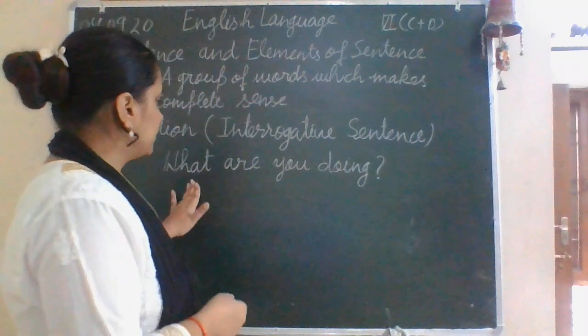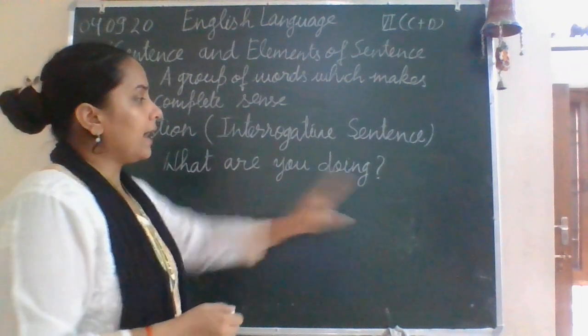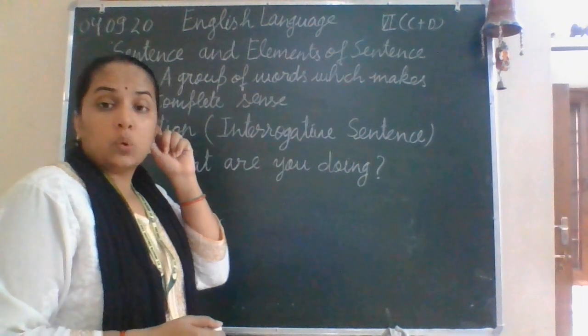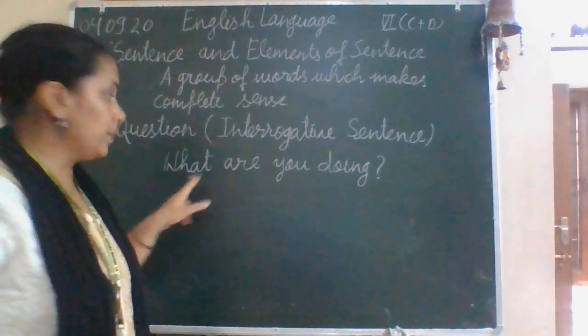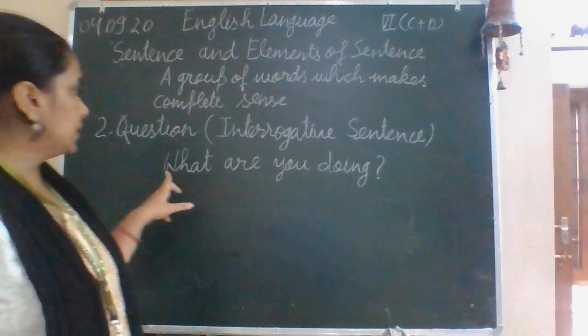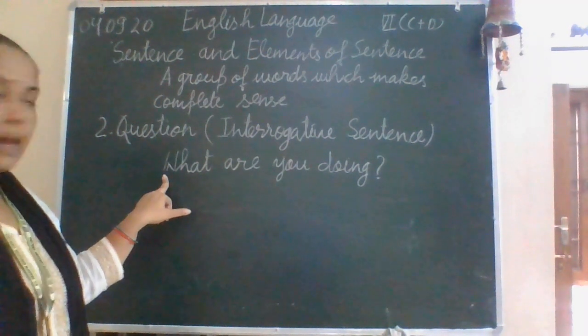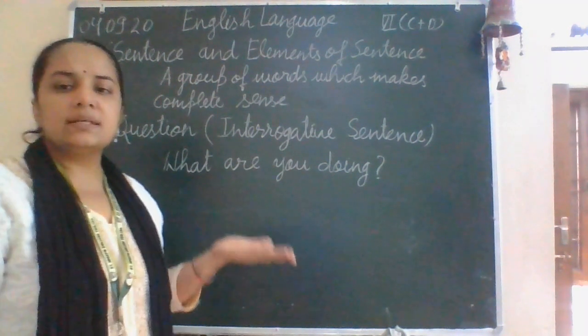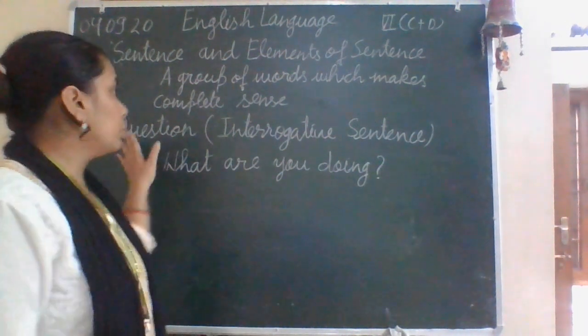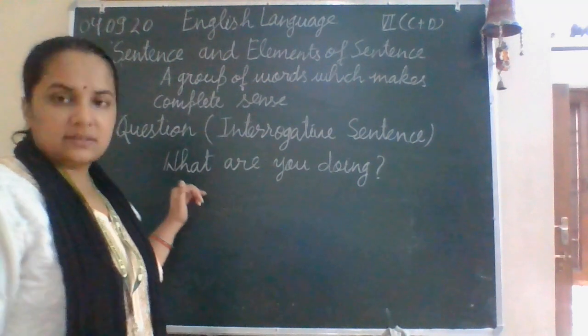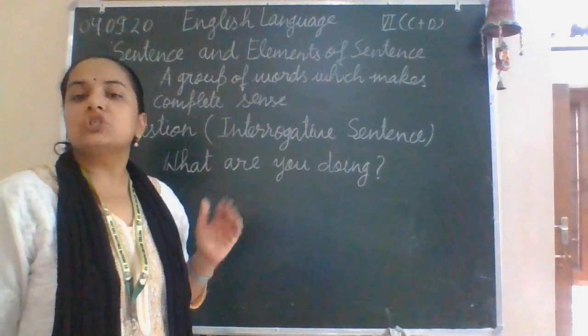What is the question word here? What. And at the end I put a question mark. Also here the W is capital. Always remember, what is a question word and the W is capital. So it can be easily identified that it is an interrogative sentence or a question, because it is starting with a question word.